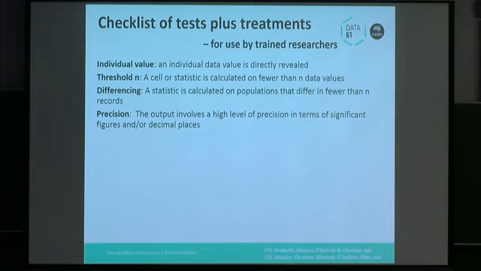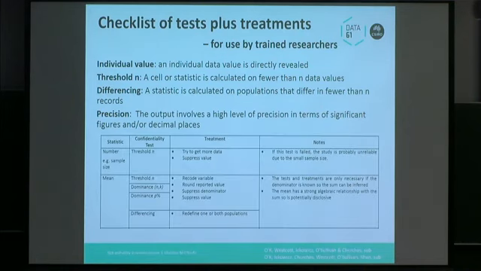And we took those disclosure risks and tried to put them into tests that people could read and understand, and then we produced an output, a table, so the user could go, okay, I want to publish a mean, these are the tests I have to look at.